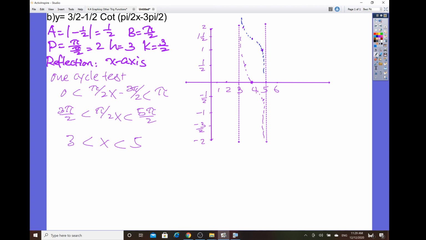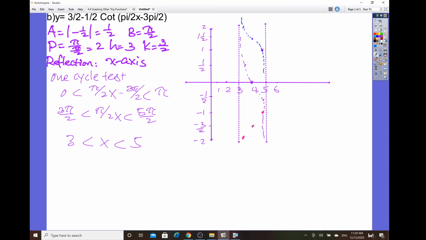And then finally, with the negative, the reflection, excuse me, the negative reflection. So if this one is 2, then that means it goes all the way down to -2. Goes all the way down to -2. Up here, 1.5, then that'd be -3/2. And then over here, 1, then that'd be -1.